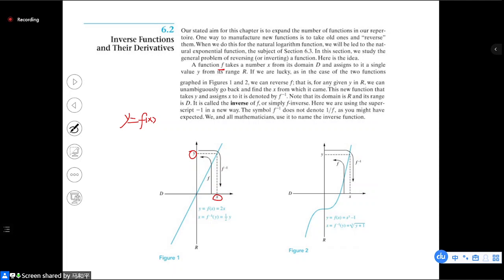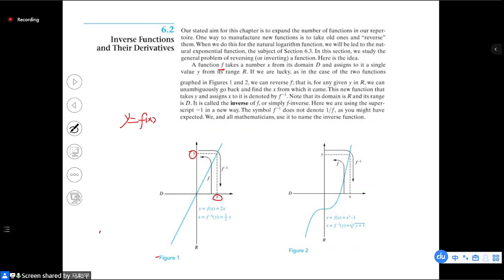If we are lucky, as in the case of the two functions graphed in figure 1 and figure 2, we can reverse. This means first we input x and output y, right?